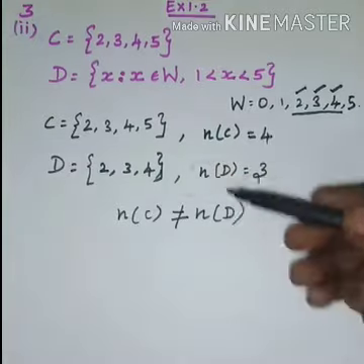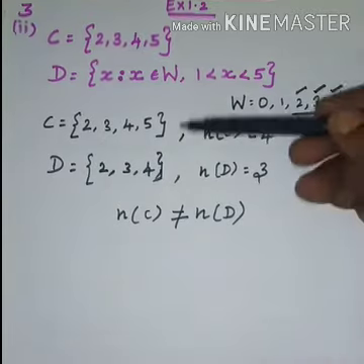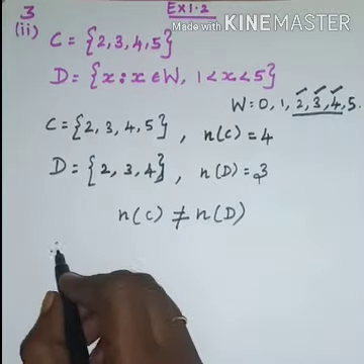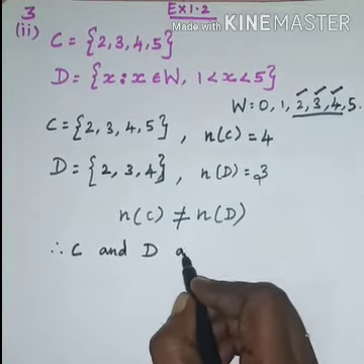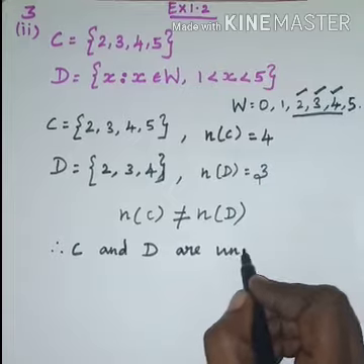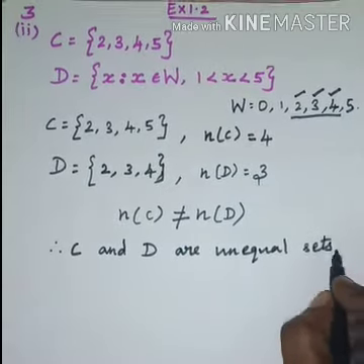Therefore, these two sets are not equivalent sets. And also, C and D are not equal sets. Therefore, C and D are unequal sets.